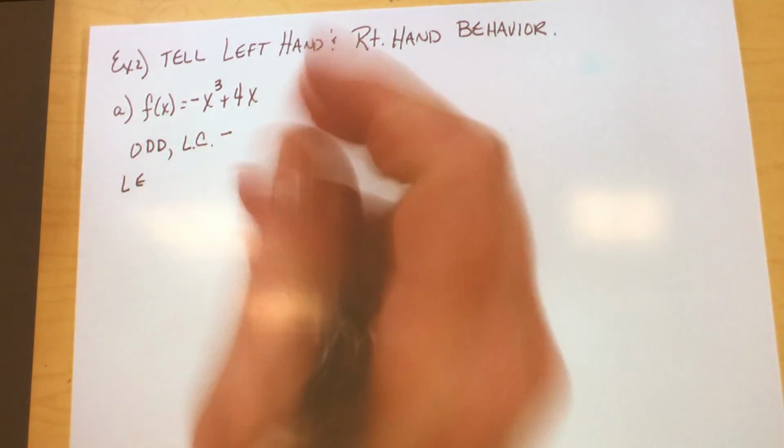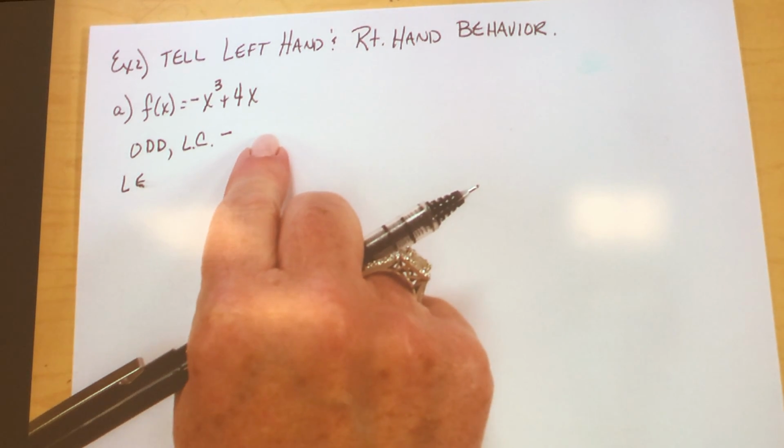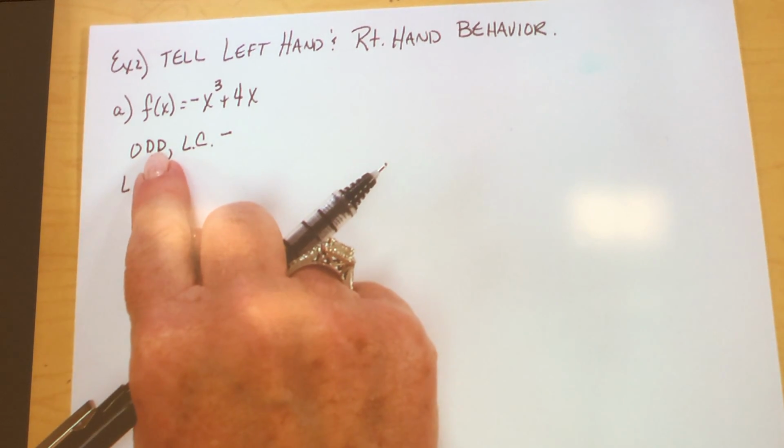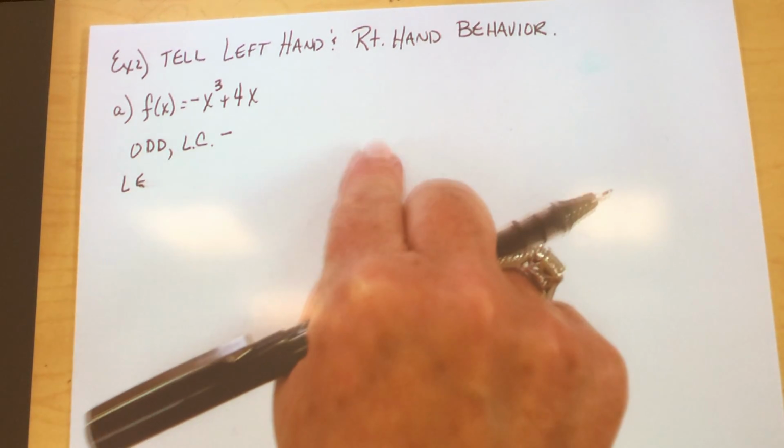So that means, now look, once I do this right here, I just sketch me a little picture and then I don't have to think about it anymore, okay? Odd tells me that he begins and ends in different directions. The leading coefficient negative tells me which hand behavior? The right one. The right, where it ends up going in the end.